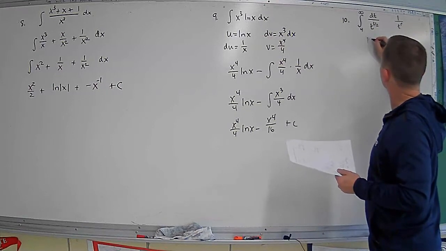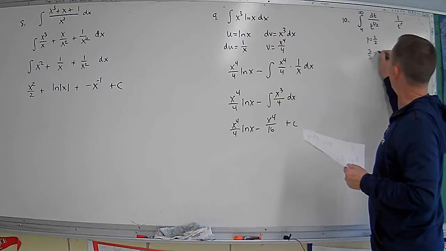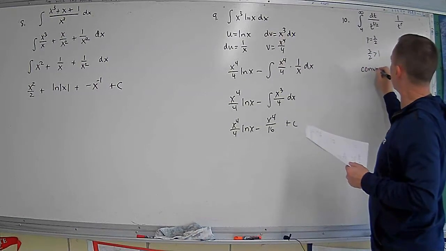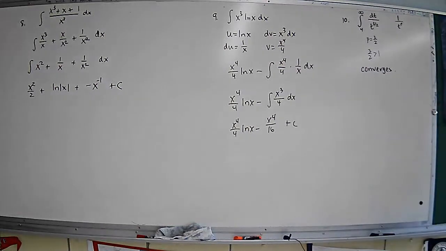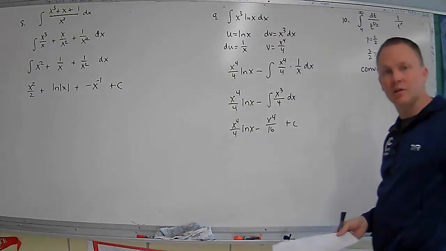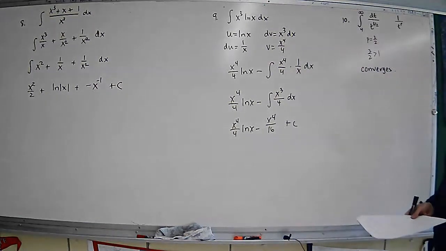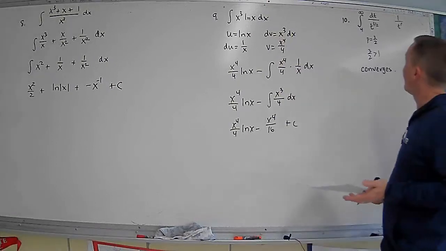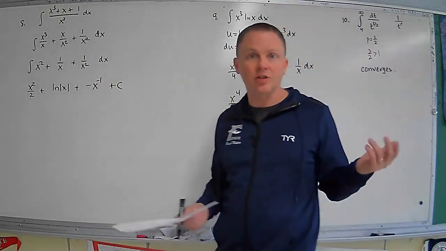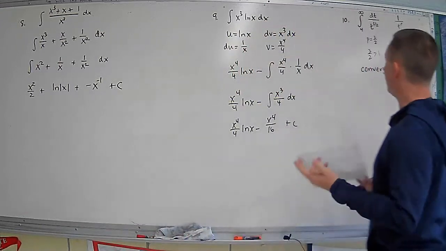The p value is 3/2, and that's greater than 1, so this integral converges. The p rule is if p is greater than 1, the integral converges. If p is less than 1, or equal to 1, the integral diverges. So we didn't have to do any work for that, but you needed to justify your answer. You couldn't just tell me converged or diverged. That wasn't going to cut it, because you could have just guessed.